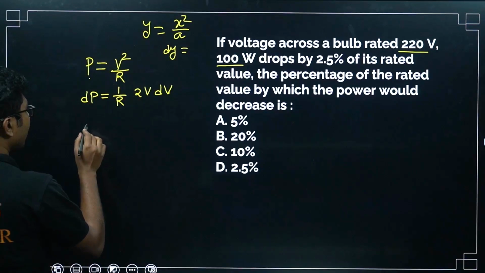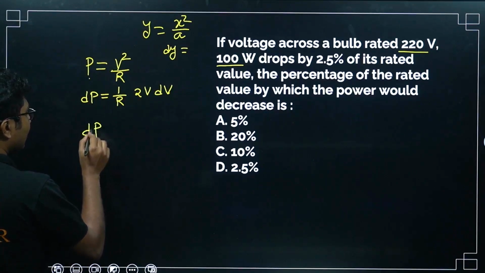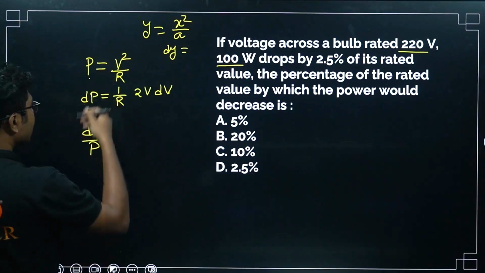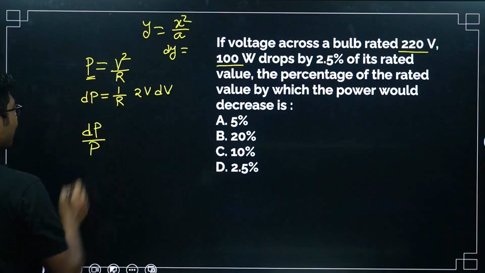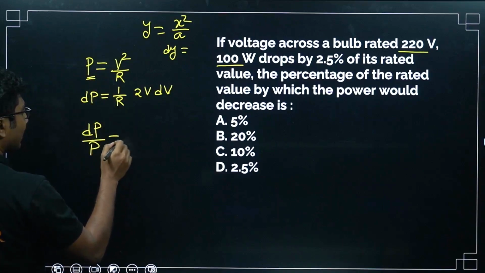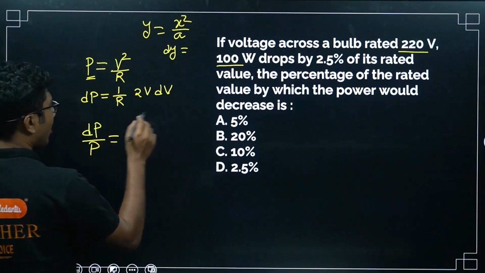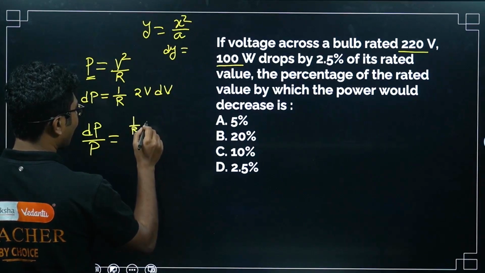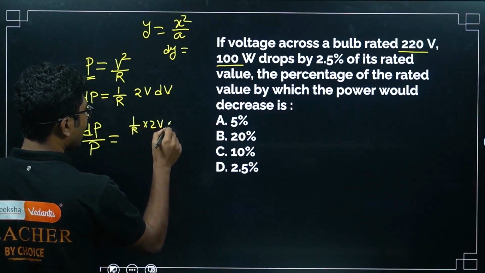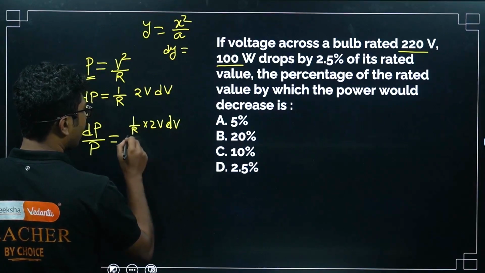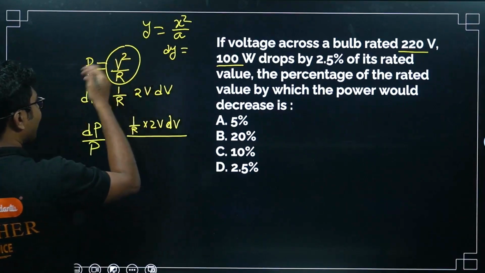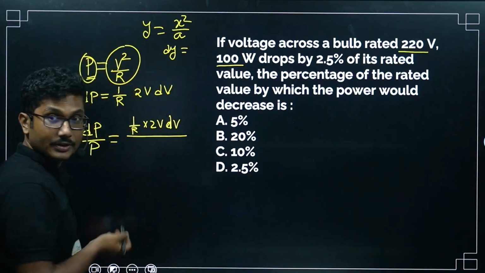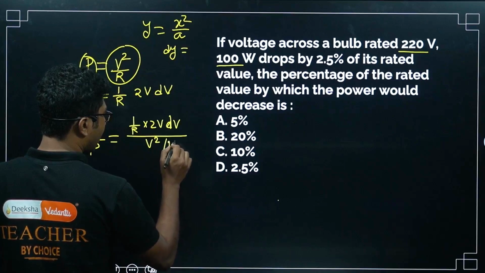Now this is a very physics-specific trick. We are dividing both sides by the value of P. So on our left-hand side we write dP by P. On our right-hand side we will not write P, but we will write V square by R, the same equation.